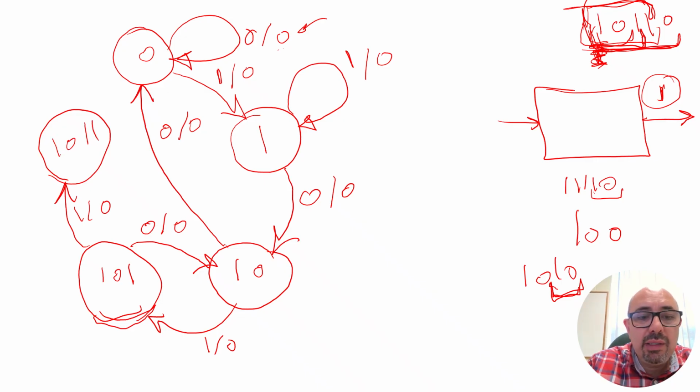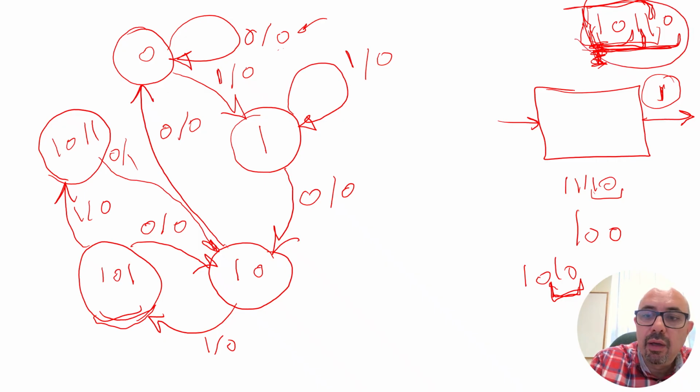Now from 1 0 1 1, if I receive a 0, now two things. This will return me to this state, right? But with an output of 1, because I now have the entire sequence I'm looking for.